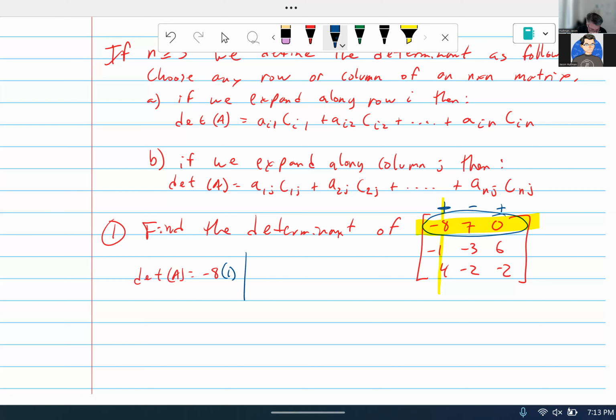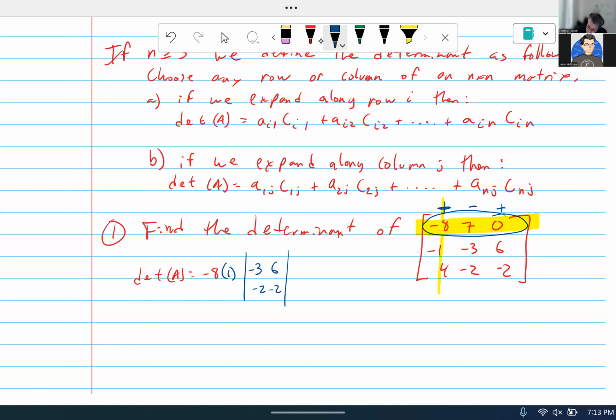And what was the minor? The minor was the determinant of what's not included in that row and column. So that's -3, 6, -2, and -2. The next one is 7, but it's a negative of 7.